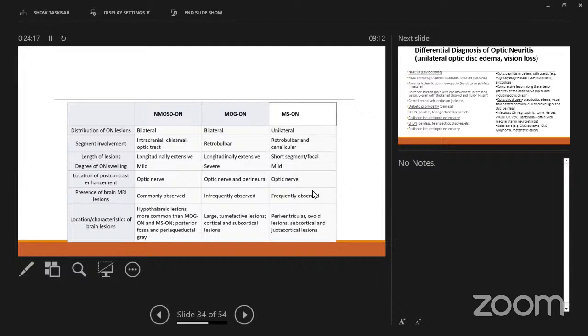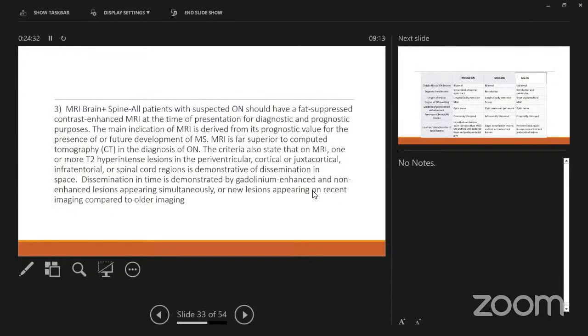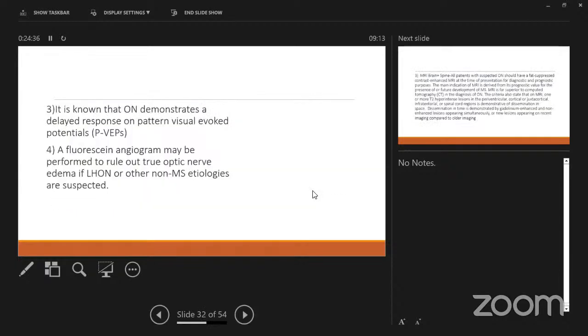Suppose optic nerve is involved, it's showing retrobulbar optic neuritis. And what are the investigations that you advise? Sir, OCT RNFL first.